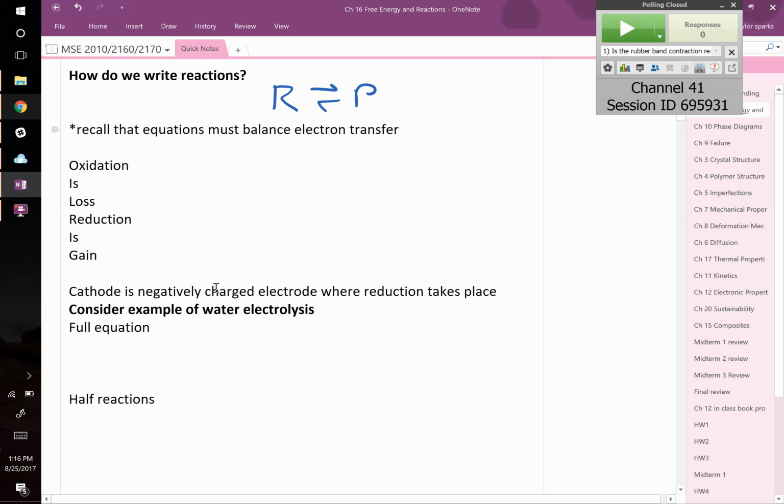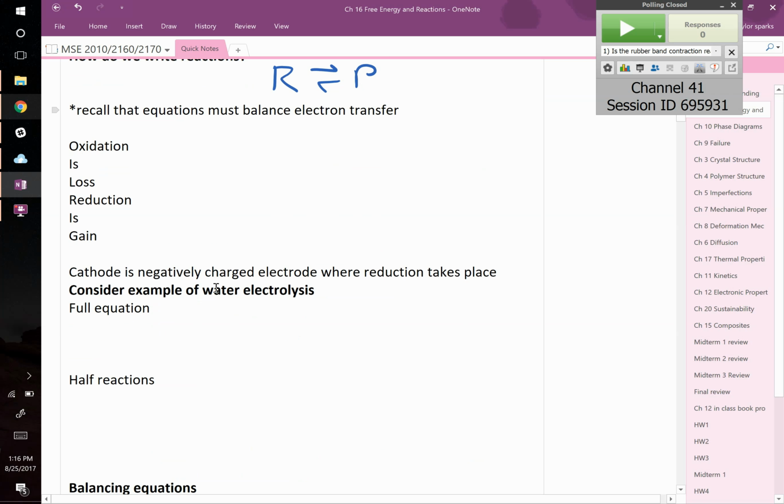And critically, the type of reactions that we care about oftentimes are redox reactions, which are reduction-oxidation reactions, meaning they involve the exchange of an electron. You've got electron transfer, something that's giving up its electron, something else that's picking that up, right? The easy way to remember this is the mnemonic device OIL RIG. Oxidation is loss.